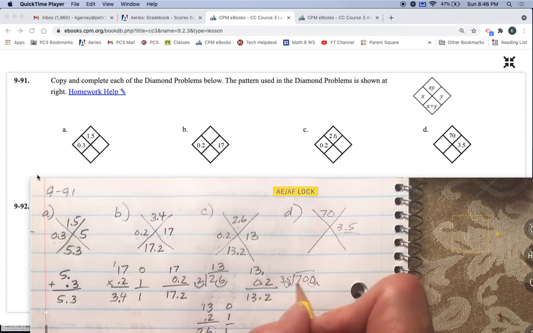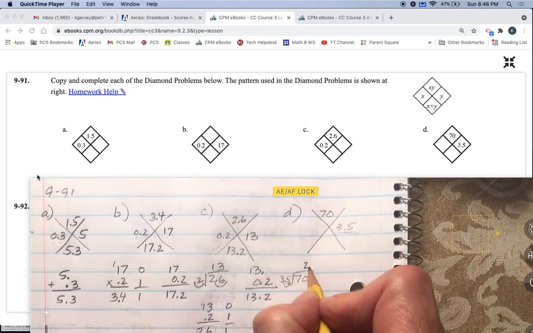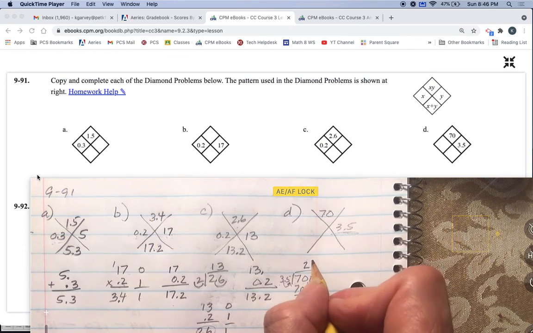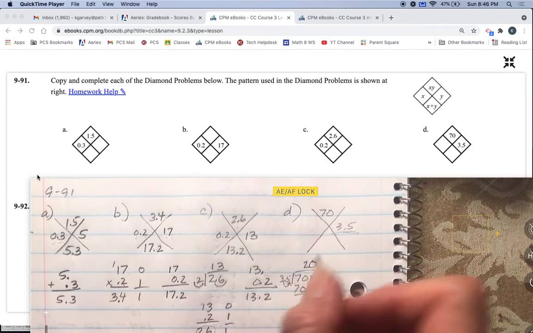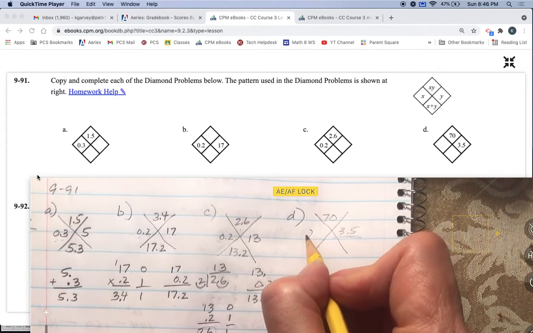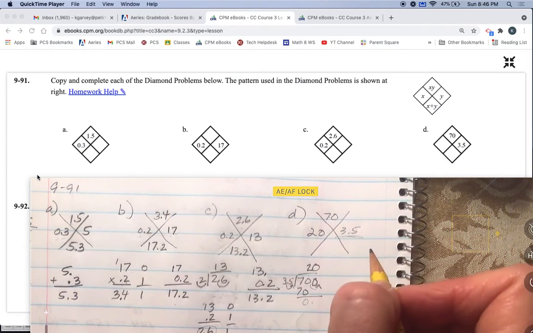So 35 divided into 700. 35 goes into 70 twice. So that's 70. Then it doesn't go anymore, but we've got a 0 there. So that is 20. So 20 times 3.5 is 70.